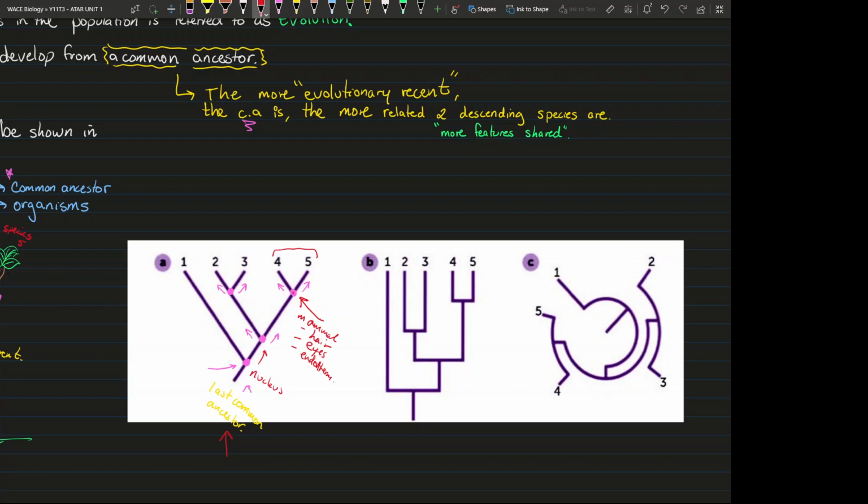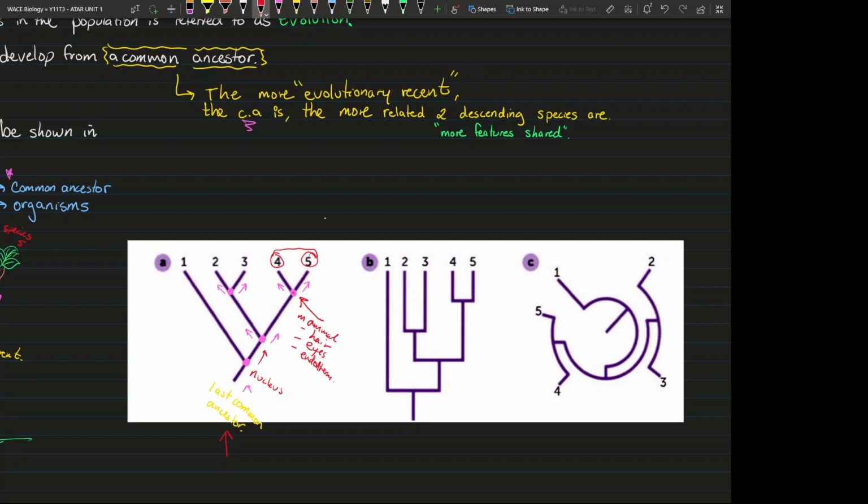So this idea that the more evolutionary recent a common ancestor is, these two ramifying species will have more in common than if they were starting from that first point down at the bottom, right? So the descending species have more features shared.